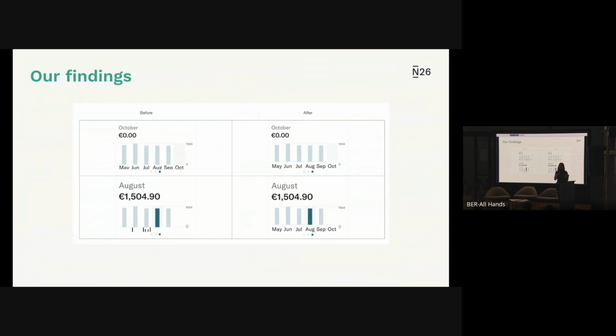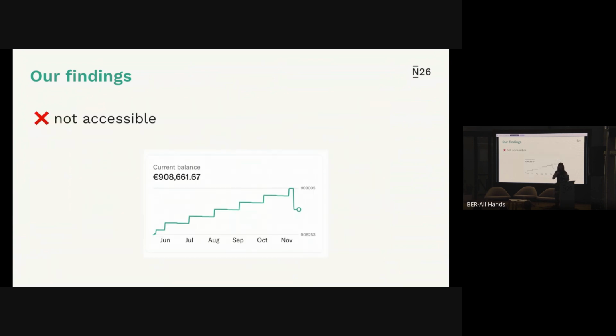I think this was the best that we could do without any design changes. Someone could argue that we could maybe adapt the layout in a different way, but without changing the design, I think this was the best we could do so far. Then, next one. This is the example I talked about earlier of a feature that is not accessible, because how do you make a line chart accessible? I didn't know.